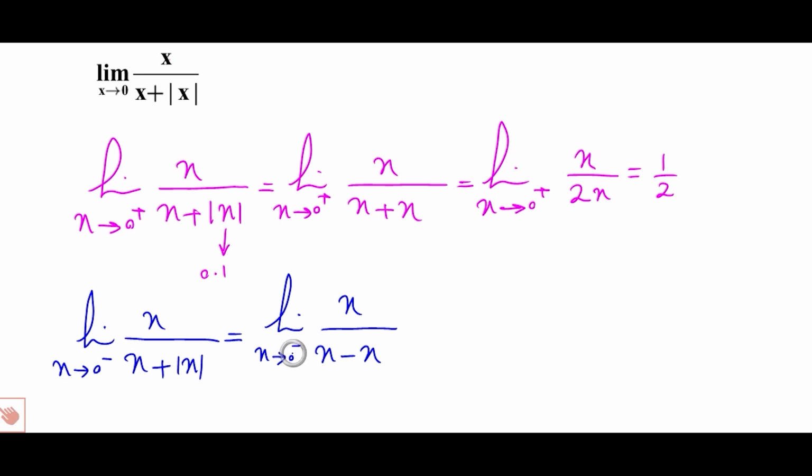The denominator is 0, meaning a number over 0. So this limit as x approaches 0 from the left does not exist. So the limit of x over (x plus the absolute value of x) does not exist. Okay?